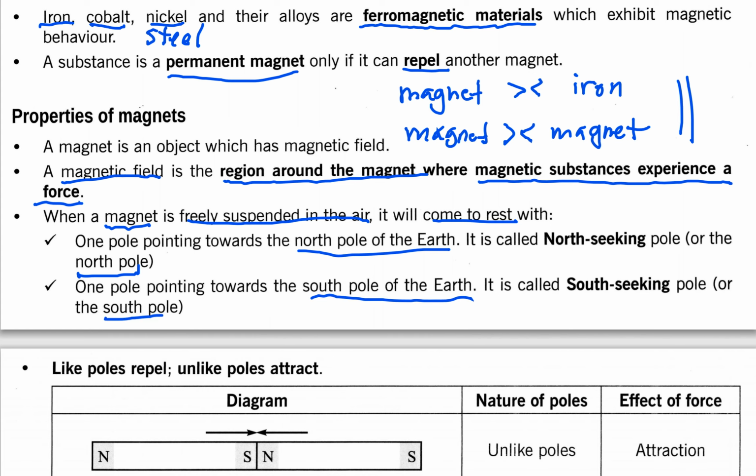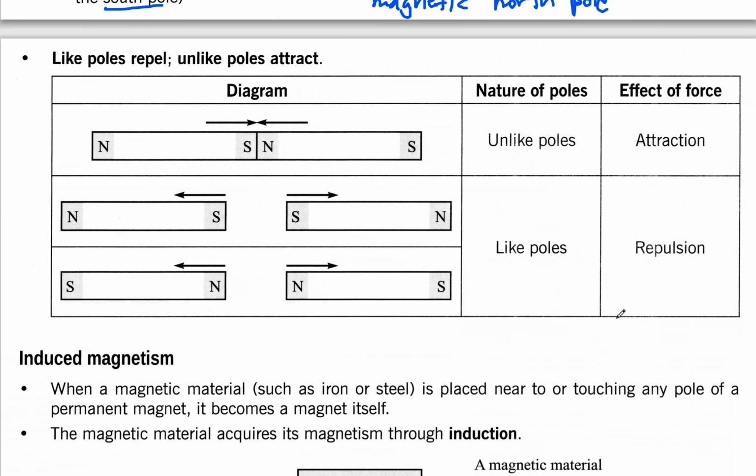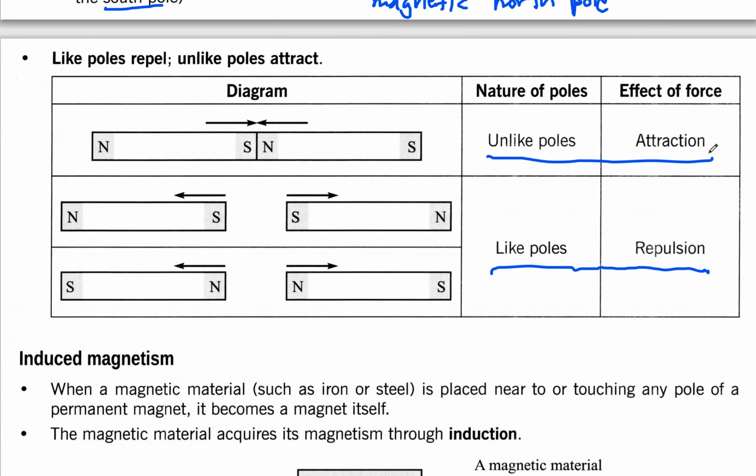That is because the North Pole of the Earth is actually a magnetic South Pole. On the other hand, the South Pole of the Earth is a magnetic North Pole. Like poles repel each other, unlike poles attract each other.